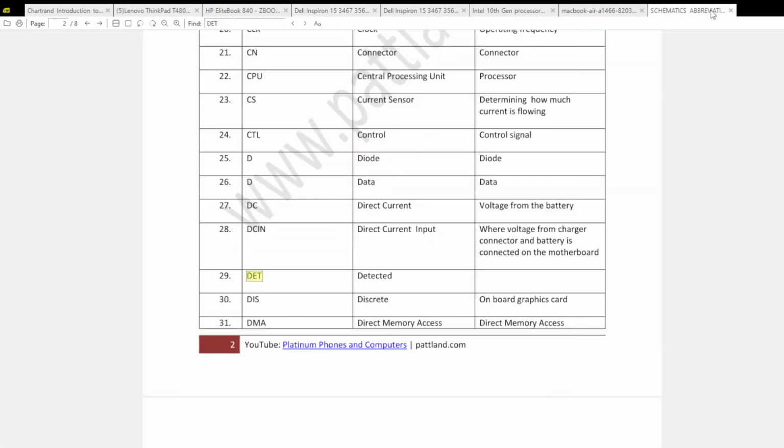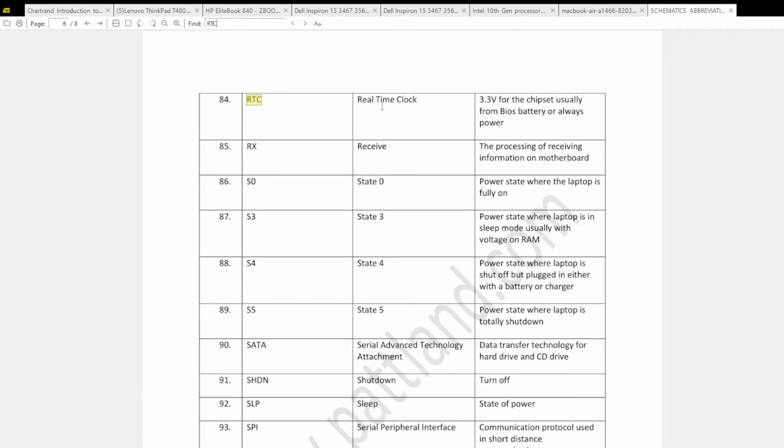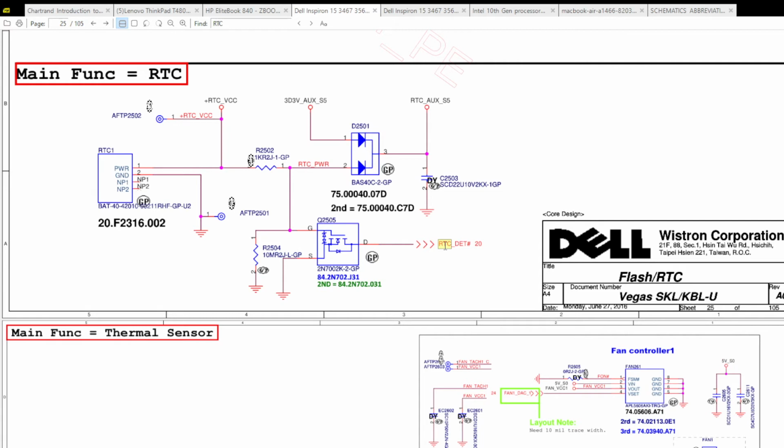Copy RTC, come to the schematics, come to this document, paste it here. RTC stands for real-time clock, meaning 3.3 volts for the chipset, usually from the BIOS battery or always power. So this means BIOS battery detected. This signal goes out to inform a certain chip when the BIOS battery has been detected.